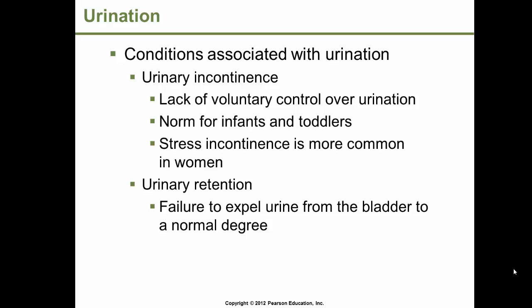It may result from lack of sensation to urinate, such as after general anesthesia, or contraction or obstruction of the urethra, such as an enlargement of the prostate gland. In women, stress incontinence is more common, wherein small amounts of urine may escape during laughing, coughing, sneezing.